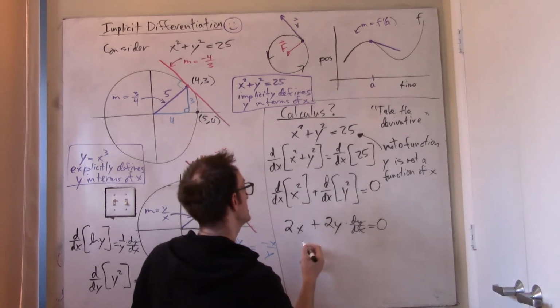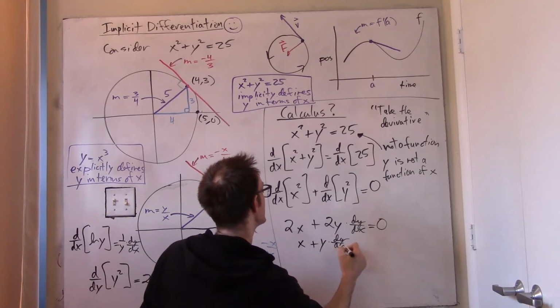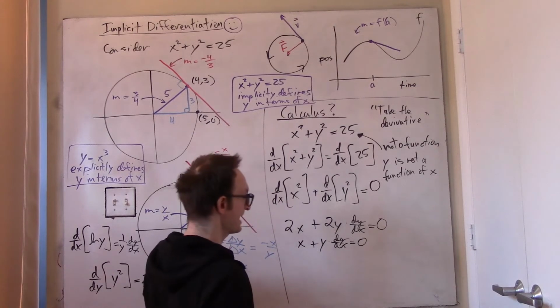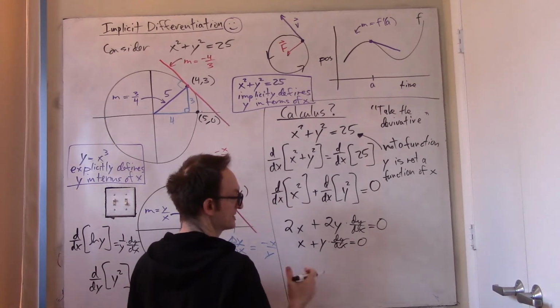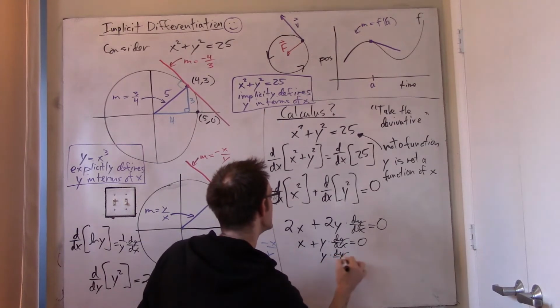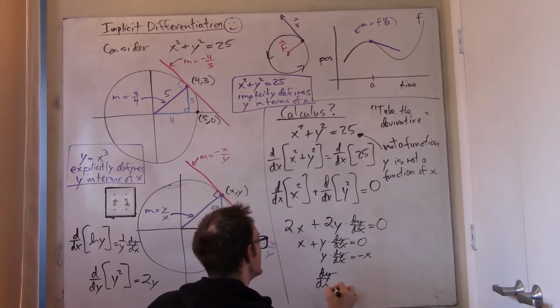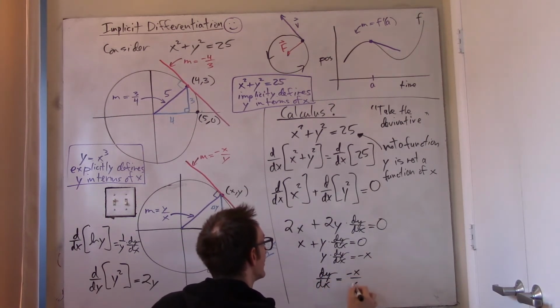Of course, we can divide by 2, and we get x plus y times dy dx equals 0, and I can even do some algebra 1 now. So I get y dy dx equals negative x, and finally I have a formula: dy dx is negative x over y.